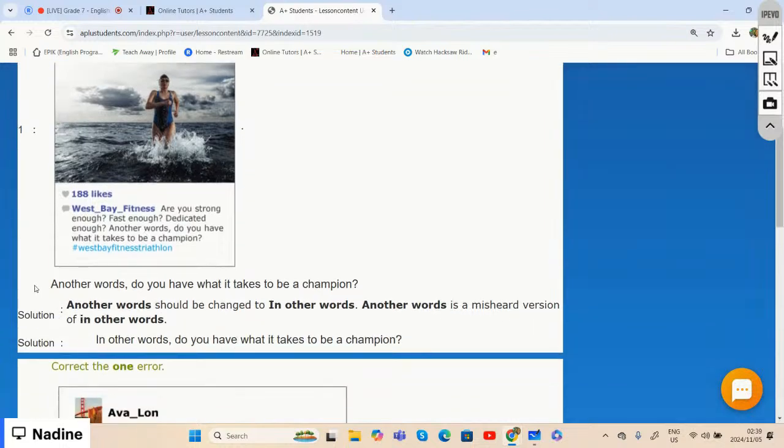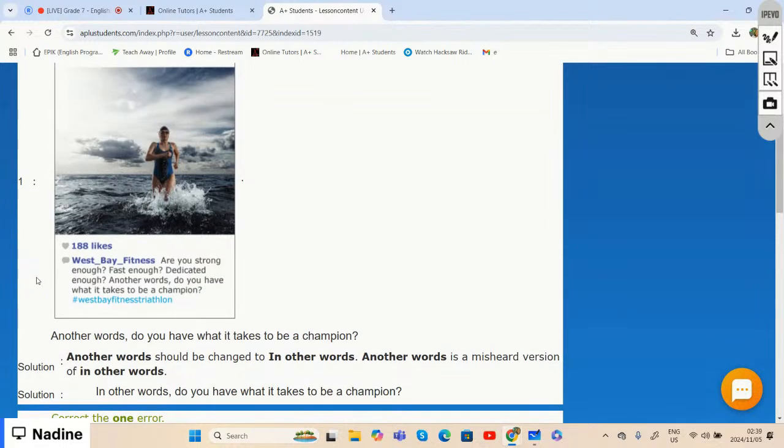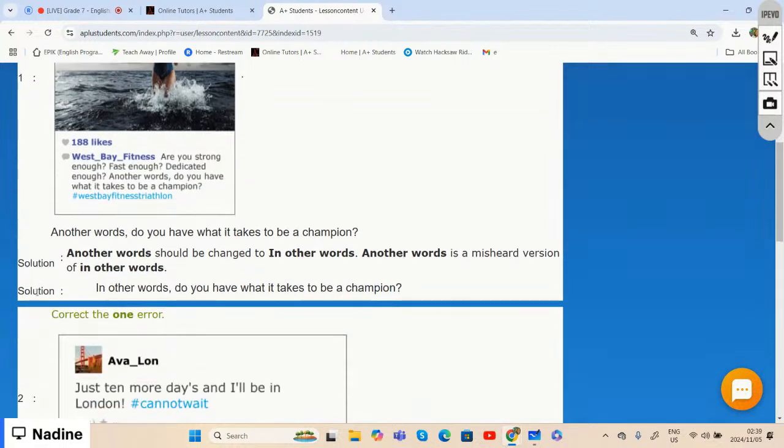So "in other words," not "another words." That is the correct phrase to use: in other words.